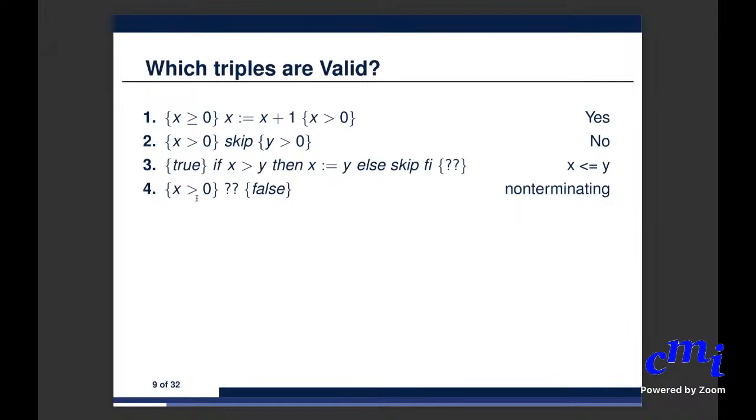Therefore, this can be satisfied only by a non-terminating program, because if the program terminates, it has to terminate in some state where the variables take some value, but that value can never satisfy the postcondition. Therefore, the way partial correctness is defined, this can be true of only non-terminating programs.